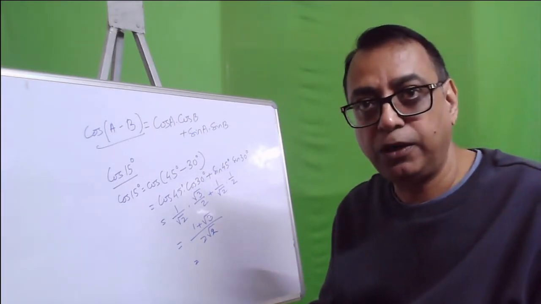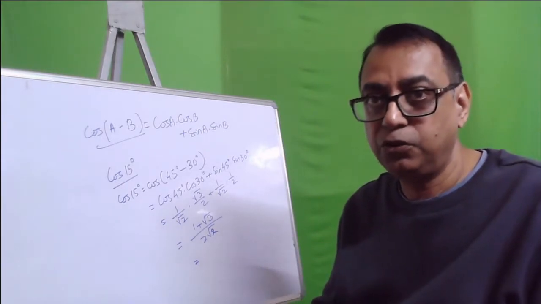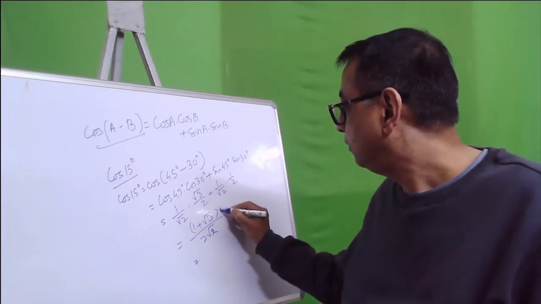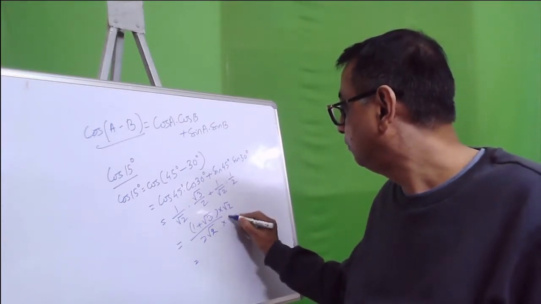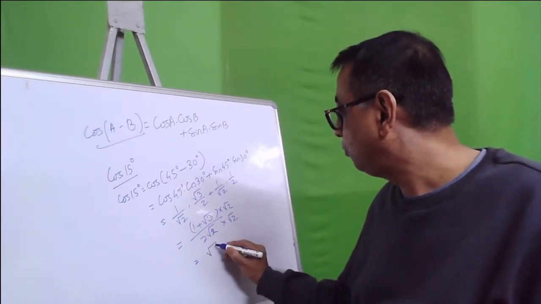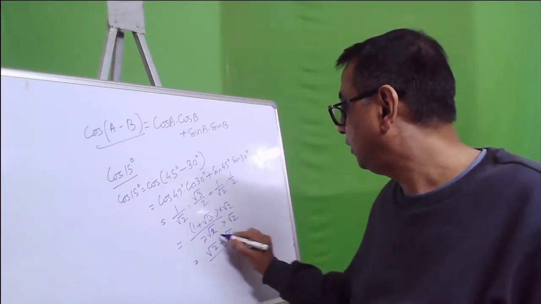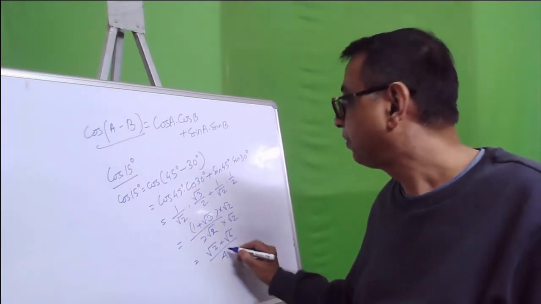Now we know normally in the denominator we do not keep a root, so we will multiply both the sides by root 2. So it will become root 2 plus root 6, and the denominator will become 4.